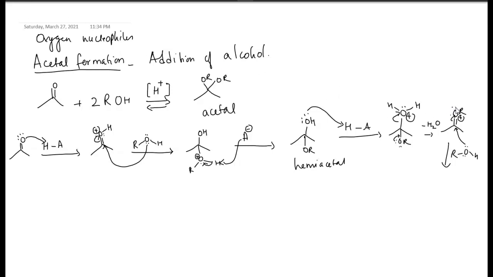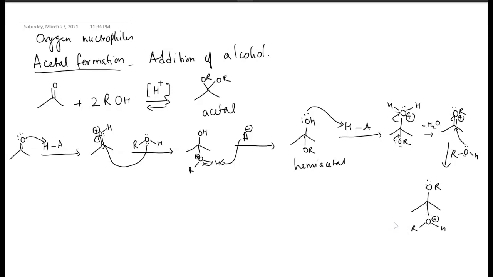So this puts the electrons back over here, and what we have is a single bond to OR. Oxygen is neutral now here, but then this oxygen gets a positive charge because it has got 3 bonds. Okay, so this is what we have right now.